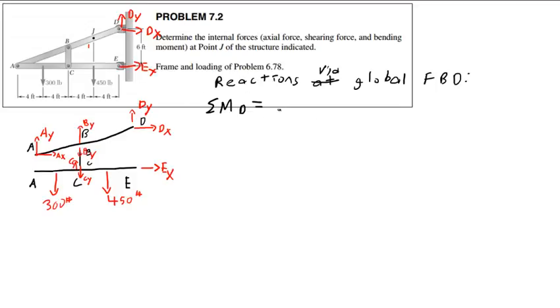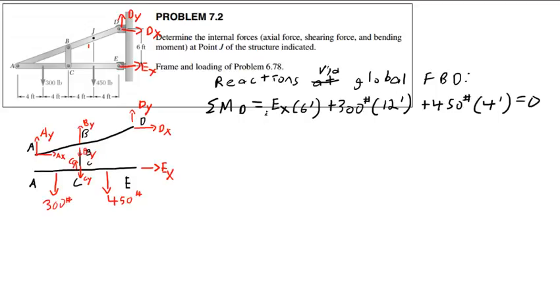That gives me EX times the distance of 6 feet plus 300 pounds times a distance of 12 feet plus 450 pounds times a distance of 4 feet.